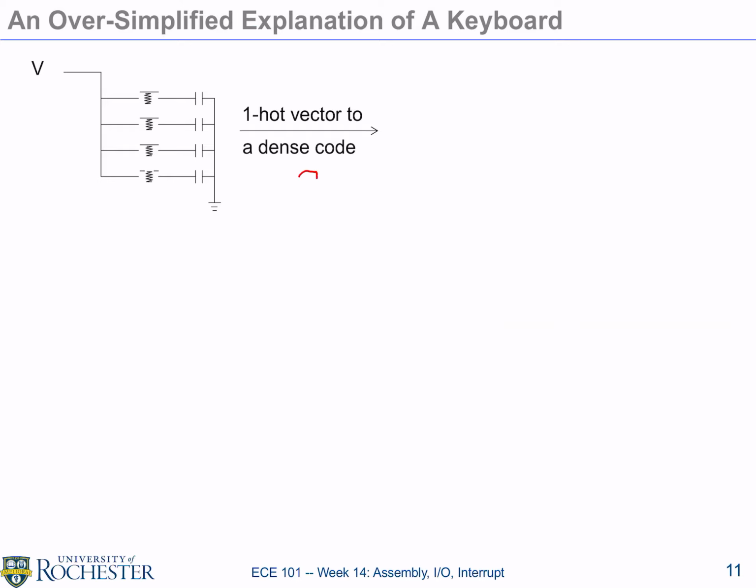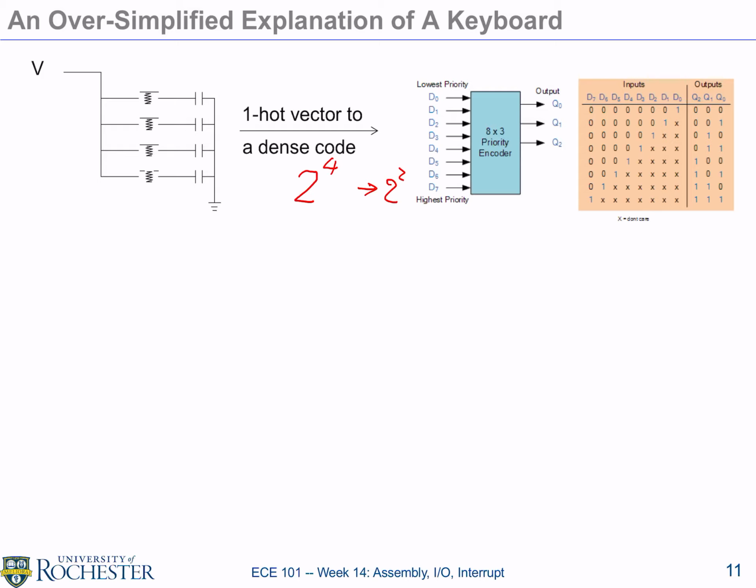In theory, I have 2 to the 4th possible combinations, and if I encode into 2 bits, that's 2 to the 2 possible combinations. So I have to do something, otherwise it will never work. And that's called a priority encoder. And the truth table is like that on the right-hand side.